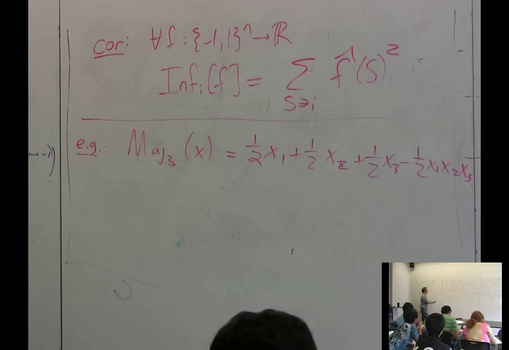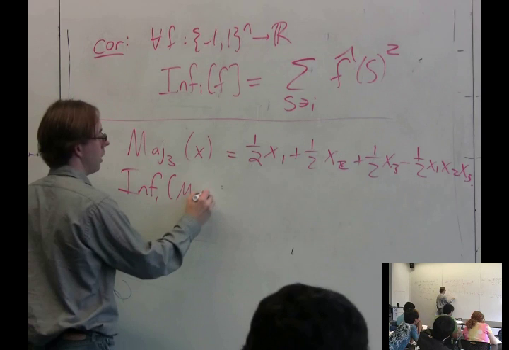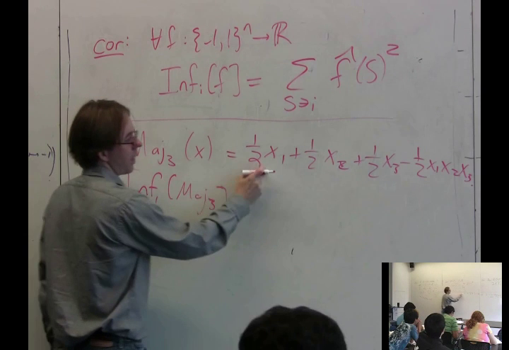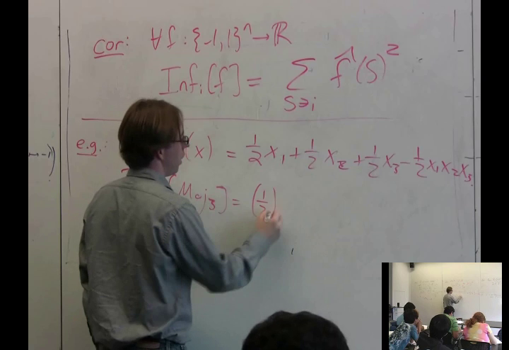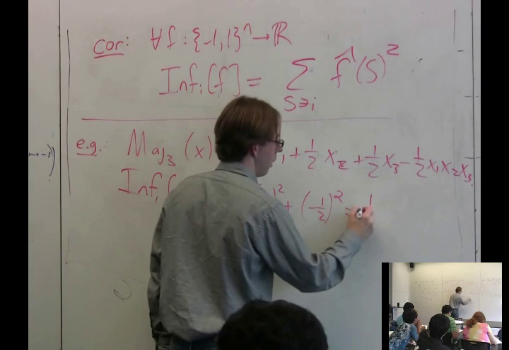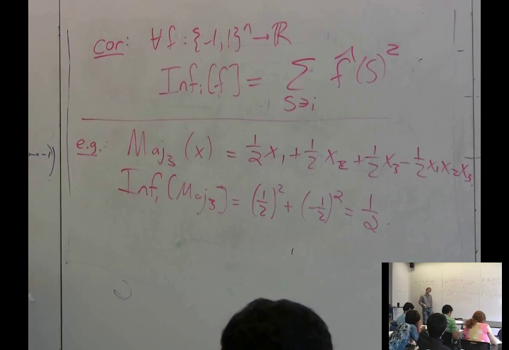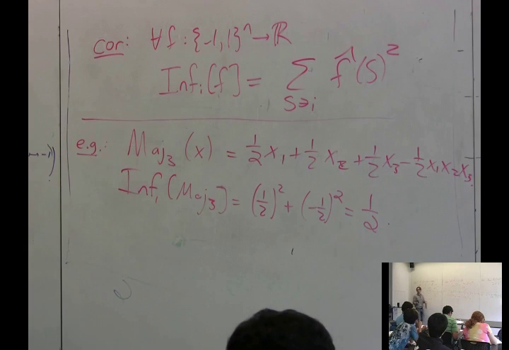And so you see that the influence of the first coordinate on majority of 3, you just square all the Fourier coefficients, of which there are 2, that involve x1. And indeed, if you think about it, the influence of the first voter in the scheme is a half, because your vote is relevant if and only if voters 2 and 3 vote the same way.